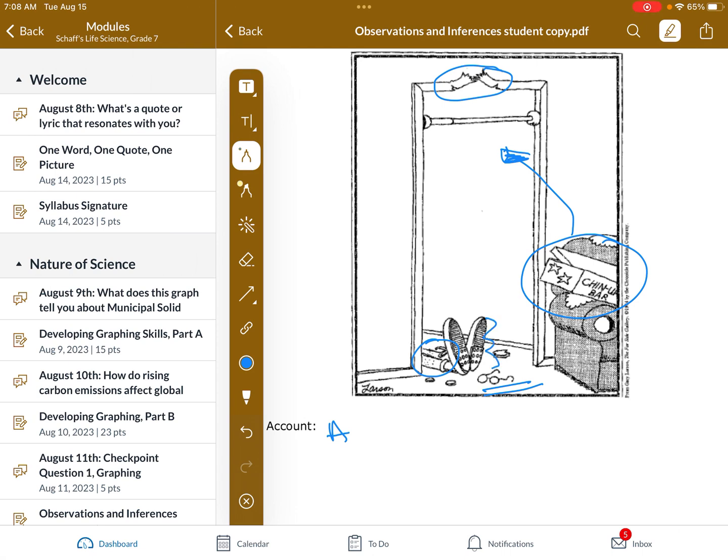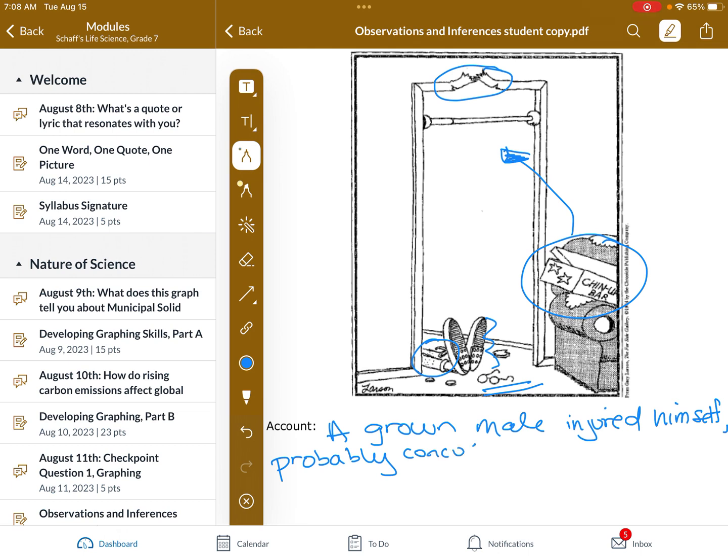Judging by the size of his feet, I'm assuming he's at least a teenager. A grown male, injured himself. I'm going to put probably a concussion. Probably concussed.